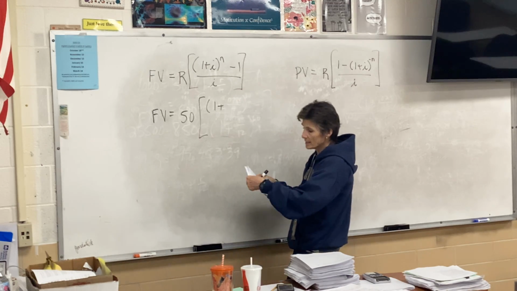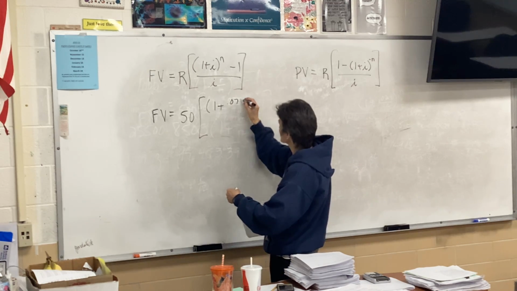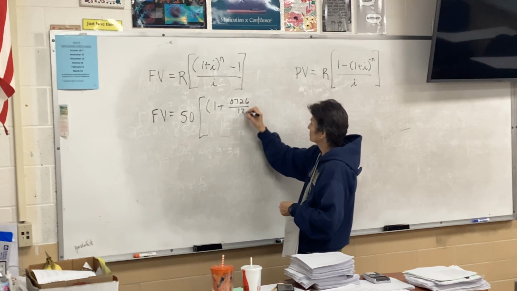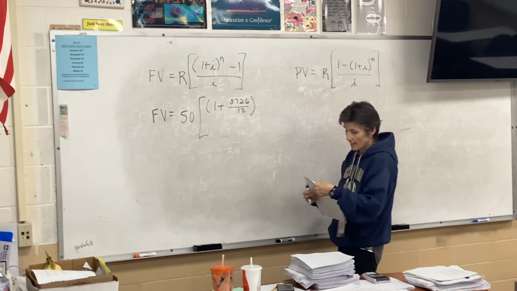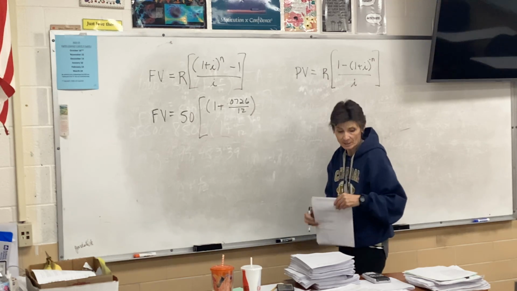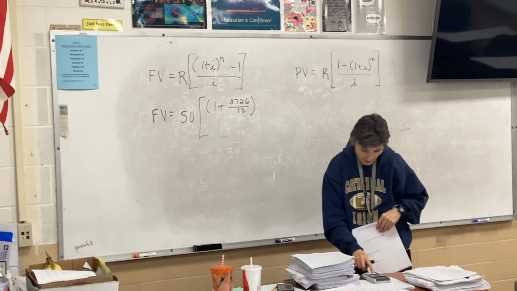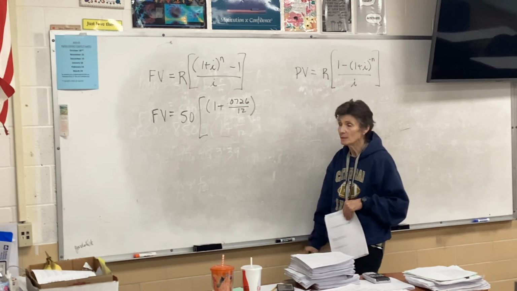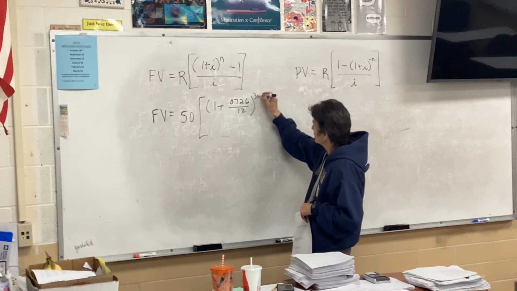The interest rate is 0.0726, and we're doing it every month, and we're doing it for 25 years. So 25 years at 12 times a year, that end value is 300.